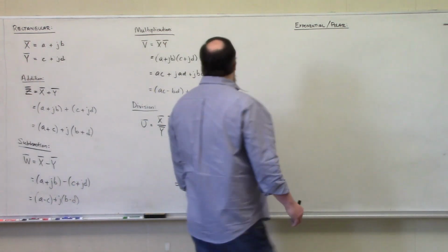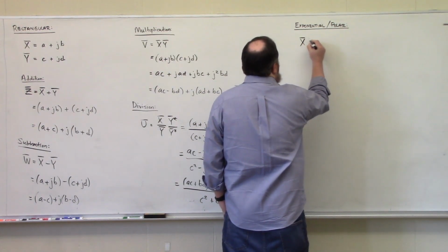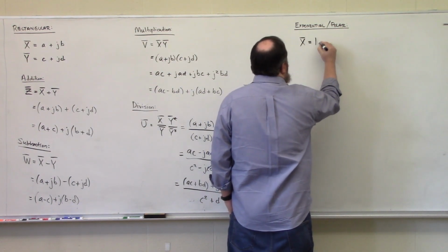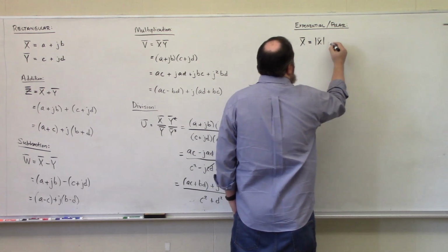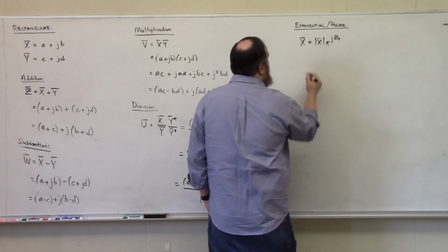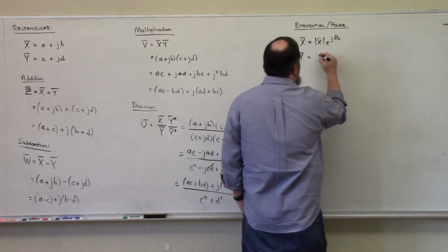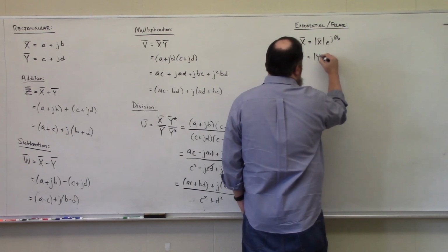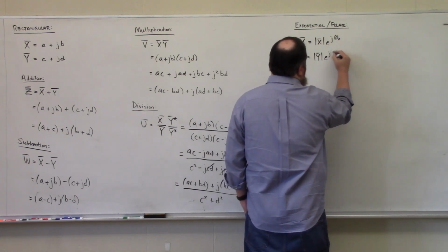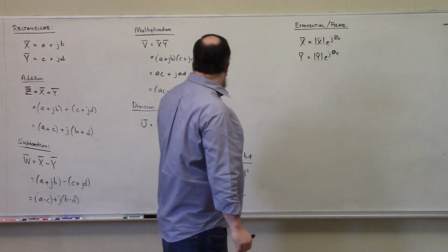So I'm going to define now a complex number x as the magnitude of x e to the j theta x, and a polar form complex number y, where we have the magnitude of y e to the j theta y.